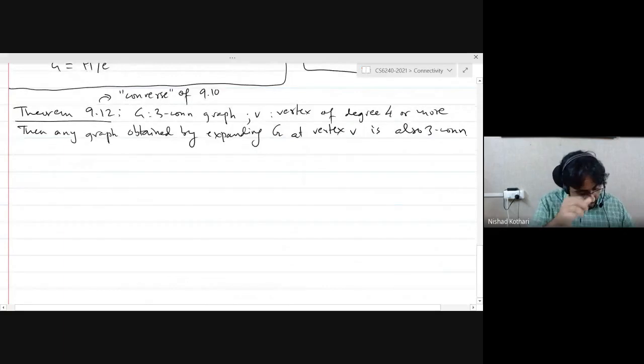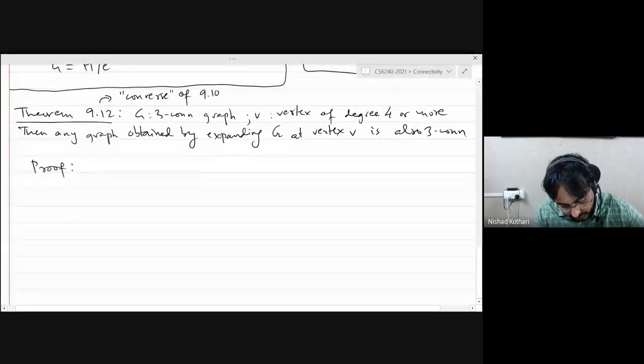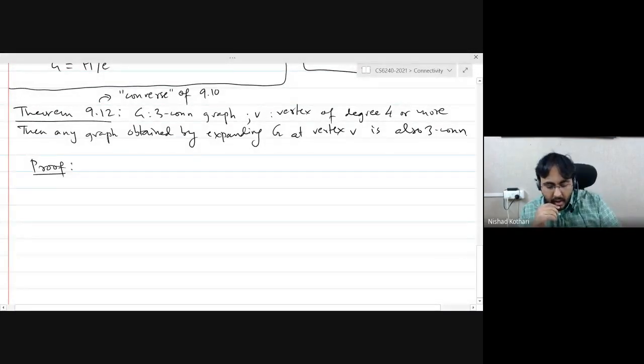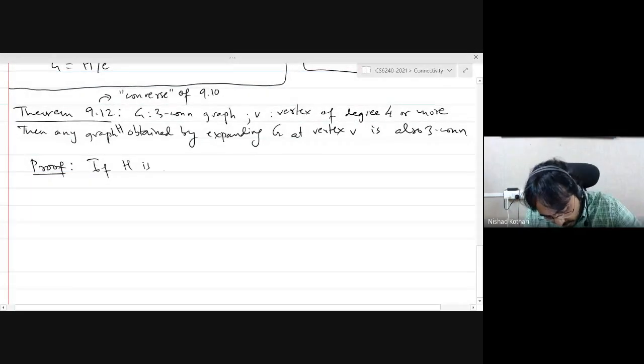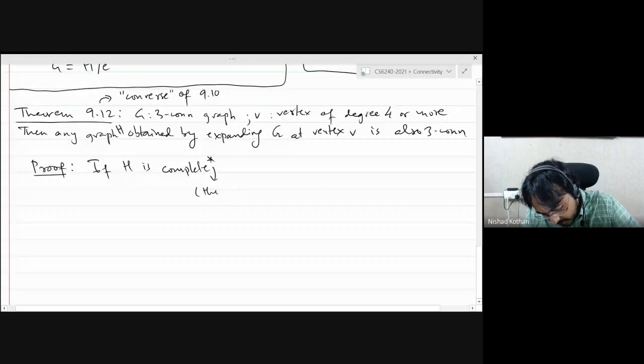All right. So this one I want you to essentially prove it yourself, but I'll tell you one way to proceed. So if the graph H is complete up to multiple edges, let me just use this notation complete star, which means the underlying simple graph is complete.